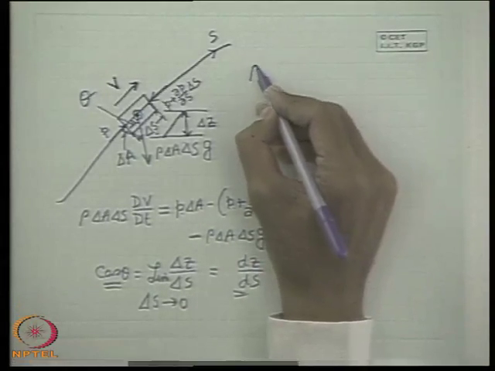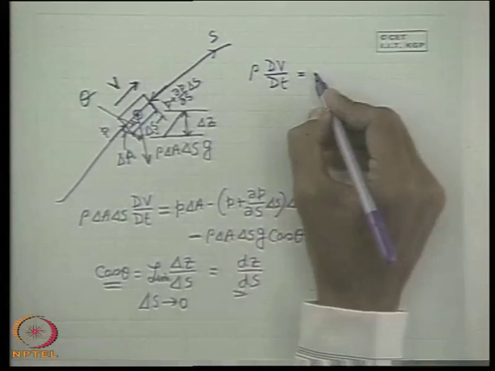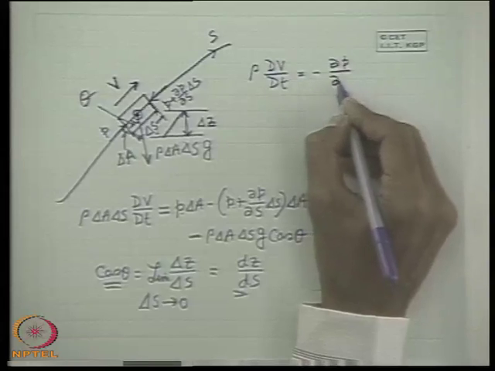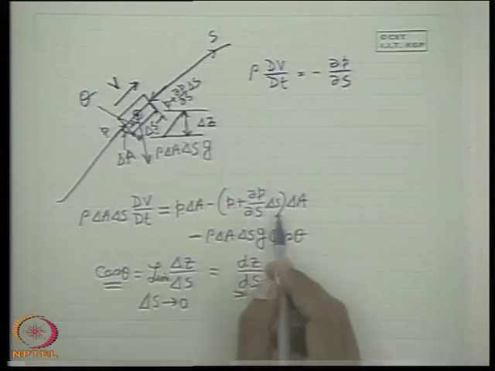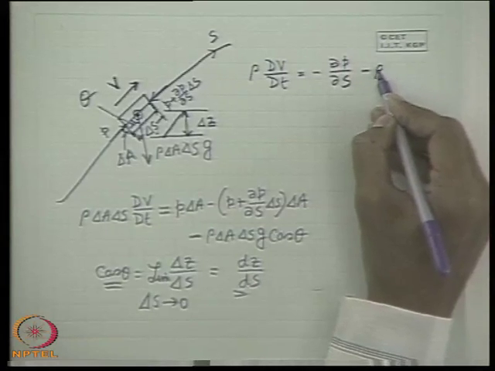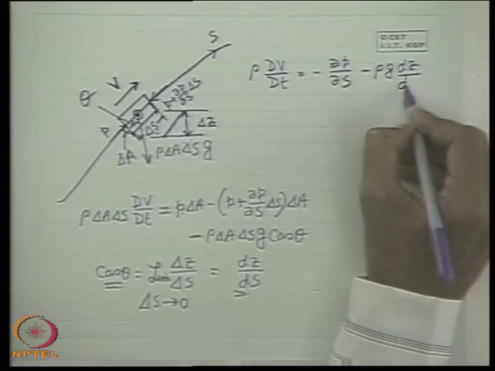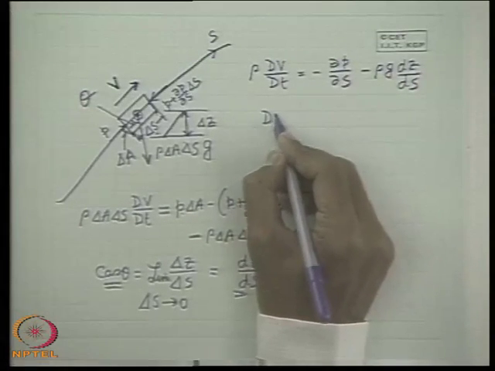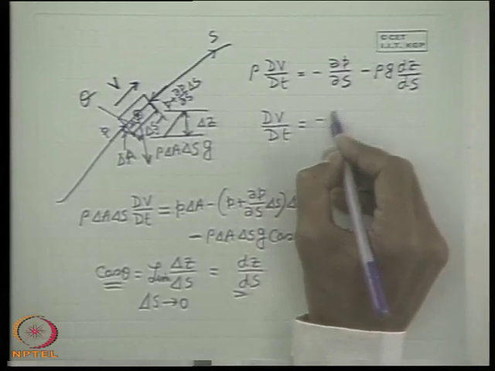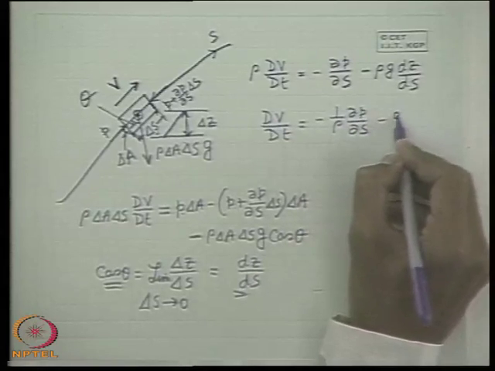Then simply we get rho dV/dt is equal to minus del p/del s minus rho g dz/ds, or we can write in another form that dV/dt is equal to minus 1 upon rho del p/del s minus g dz/ds.